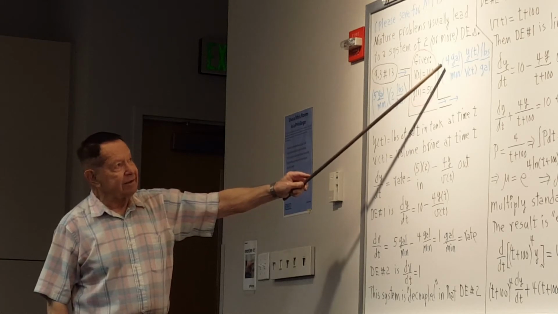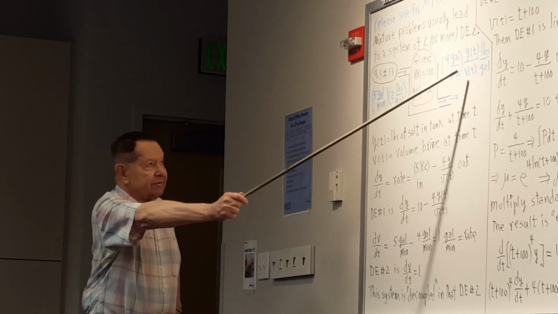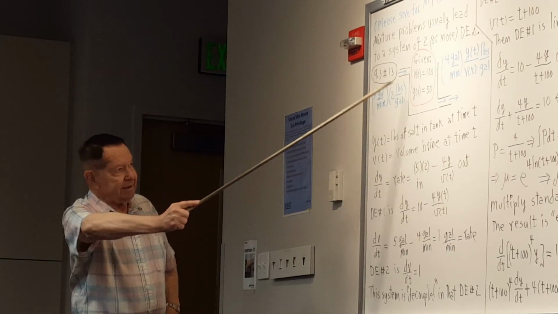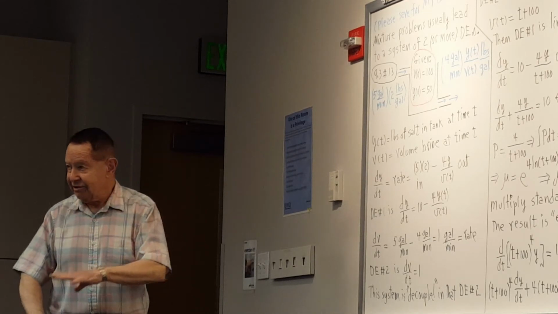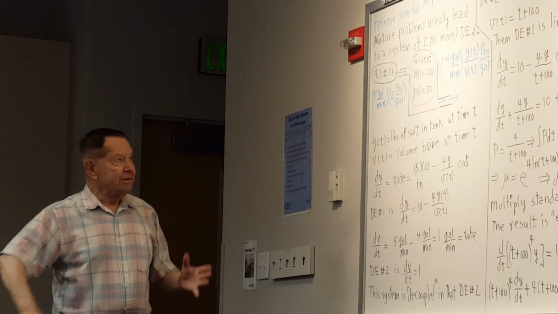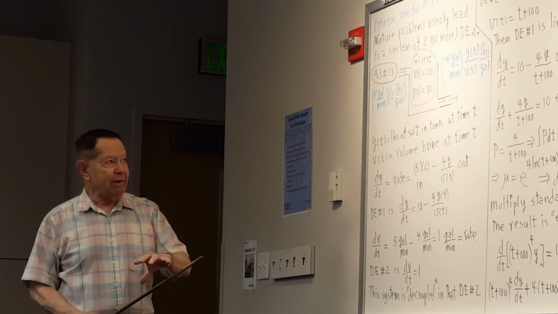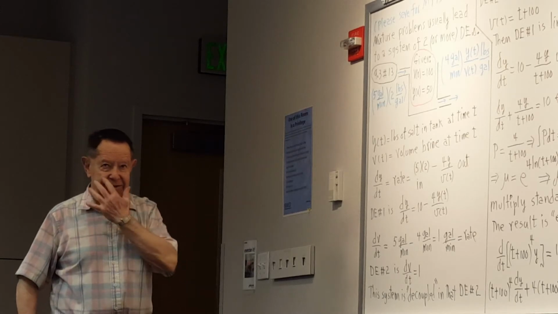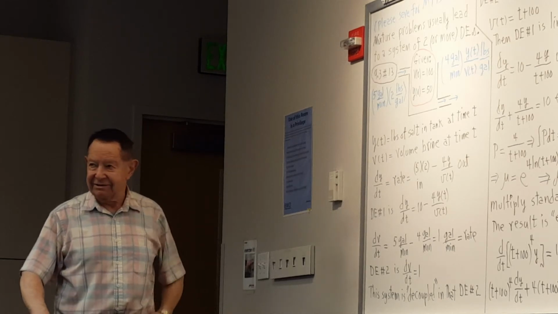So the brine that's going out is 4Y over V. You see the volume is variable because you're coming in at 5 gallons a minute and going out at 4 gallons a minute. So the tank is filling, and there's a limit to how long the problem can run. So your solution would be valid for the time interval from 0 to the point at which the tank is filled. And then the differential equation wouldn't work if you tried to go further, because then it would be overflowing.